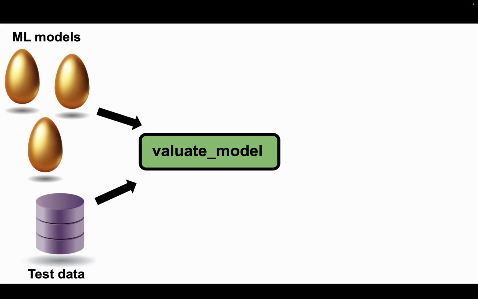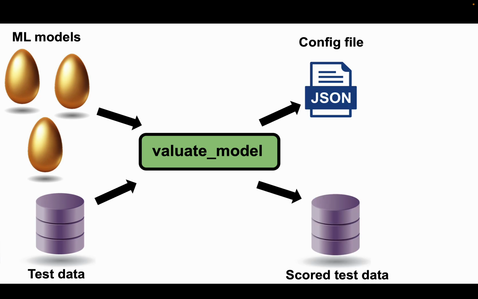So you just give it those models, scikit-learn and XGBoost, as well as the test data, which typically has a separate dependent variable column. And then valuate model turns that into the test data as Gooder AI needs it, which is basically it puts it all into one flat table and adds those model scores for any models you've given it as input. And it creates what's called a configuration file.